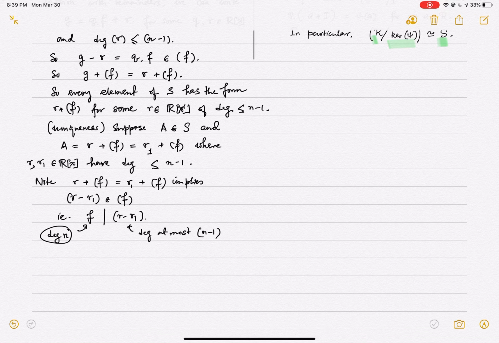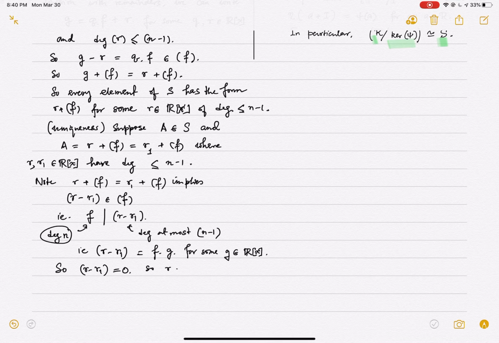You cannot divide the thing of lower degree, because dividing means that R minus R1 is F times another polynomial. And when you multiply polynomials, the degree adds up. It cannot go down for some G. So the only conclusion is that R minus R1 has to be 0.